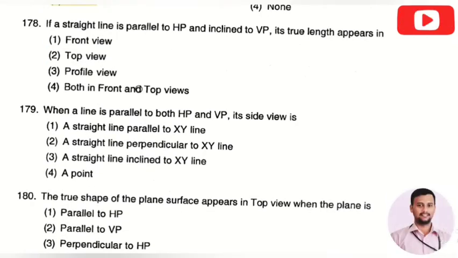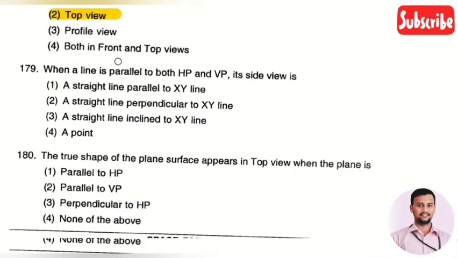And the next question is, if a straight line is parallel to HP and inclined to VP, its true length appears in: front view, top view, profile view, both in front and top view. And the right answer is option 2, that is its true length appears in the top view.